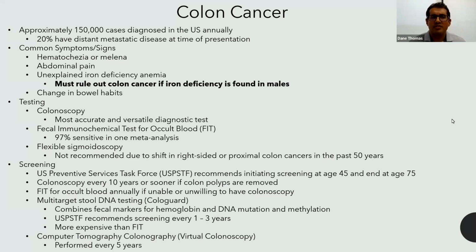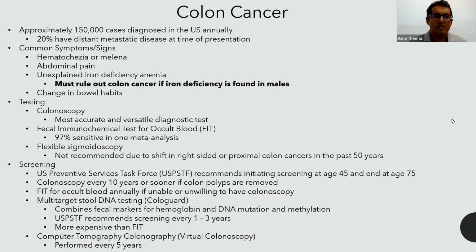So common symptoms and signs of colon cancer include hematochezia or melena, abdominal pain, unexplained iron deficiency anemia, and very important, a hallmark with iron deficiency in males is that you must rule out colon cancer. And last but not least, change in bowel habits.